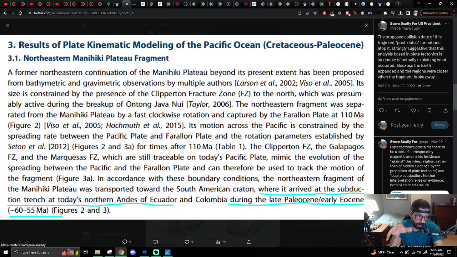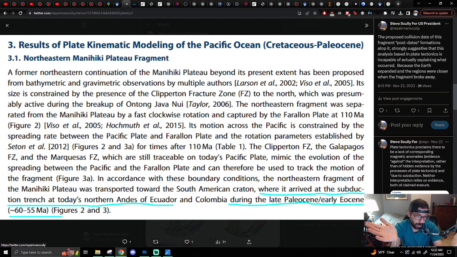There are things atop it that require it being part of a continent, is what I would say. It has to have already been connected and conjoined to the continent for depositions of these sedimentary layers that follow on top of the large igneous province to actually make sense. If it's still out in the ocean, moving towards but not yet collided with the Ecuador region of South America, then it shouldn't be forming these layers.